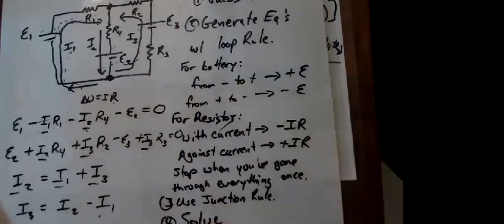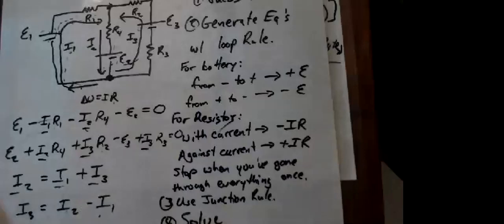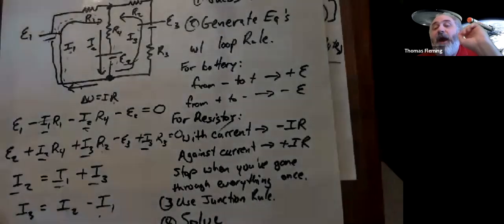Okay. So is it complicated? It can be. If my answer is negative, it just means that when you go back to look at what direction your answer was, it's the opposite direction of what you originally guessed.